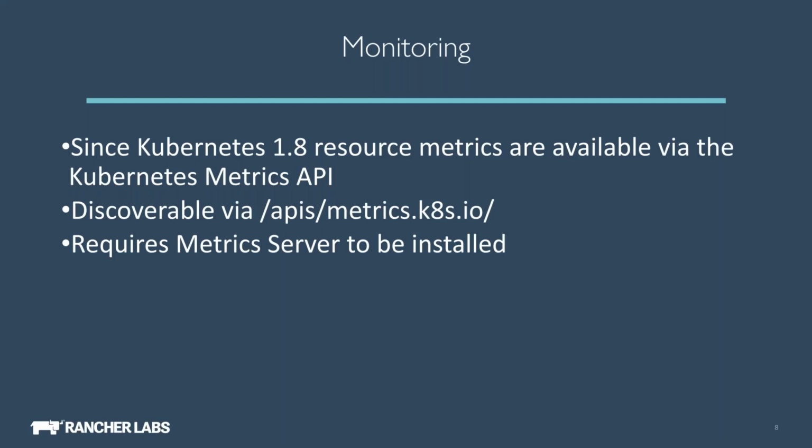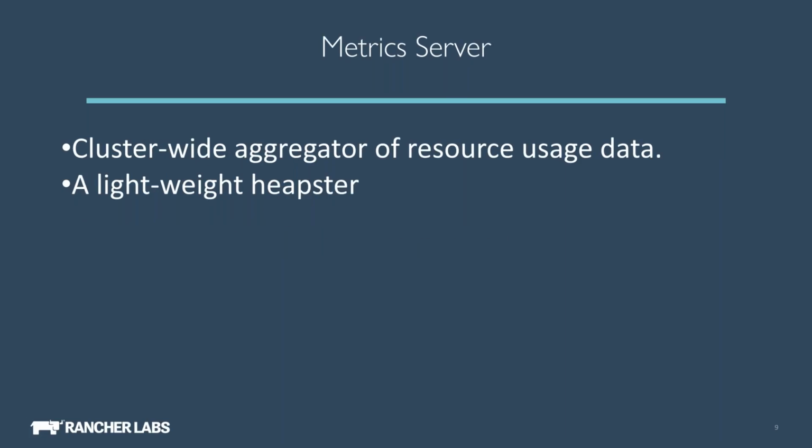Metrics server is another component of Kubernetes, like the kube controller manager, like the cloud controller manager, like the scheduler. Metrics server is another one of these things. So metrics server itself is a cluster-wide aggregator for usage data, and it's a lightweight Heapster. Heapster, for those of us who've been in Kubernetes for a while, was the old cluster aggregator. It's been around for a while.